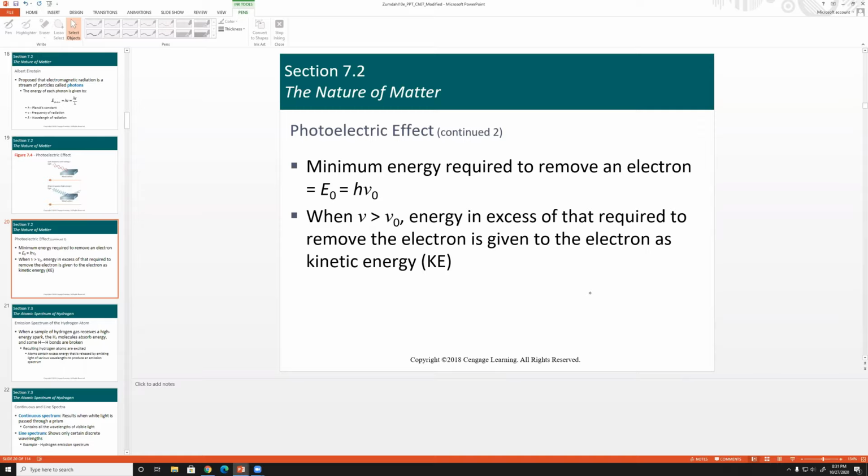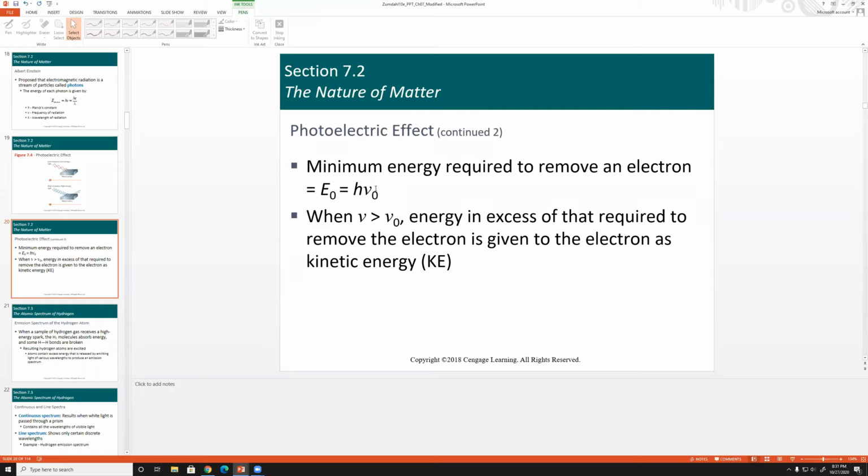And in the microwave's case, the frequency kind of isn't there. It's a lower frequency, but the amount of energy compounded over time is more than enough to knock off the electron. So we can say that the amount of energy needed is E0, and it equals Planck's constant times the minimum frequency required. So this is what I mean when I said before that the frequency is proportional to the energy, and they're proportional by Planck's constant.